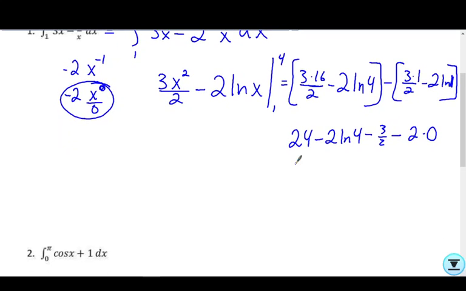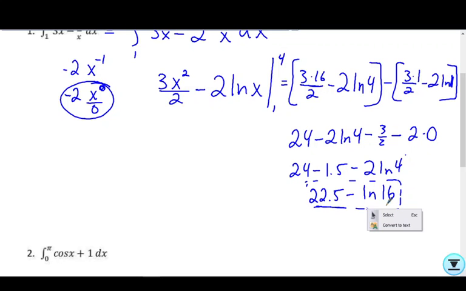That leaves me with basically 24 minus 1.5 minus 2 natural log of 4, which gives you 22.5 minus 2 natural log of 4. And you could use log properties here, moving this coefficient up to make it 4 squared and do the natural log of 16. But that's basically as far as you can go unless you put it into a calculator.